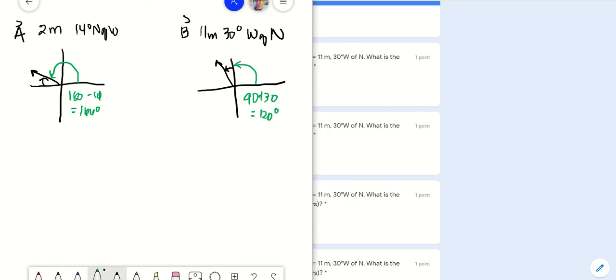Next, we do the long method. But since we already know, I'll just do the shortcut. X and Y components: you have 2 cosine 166, 2 sine 166, 11 cosine 120, and then 11 sine 120.